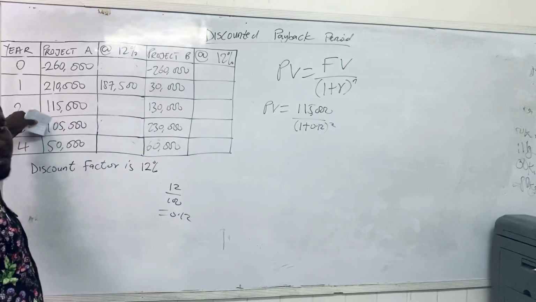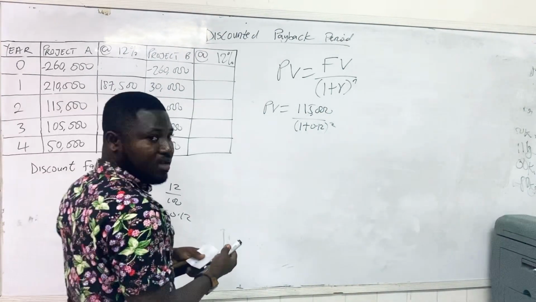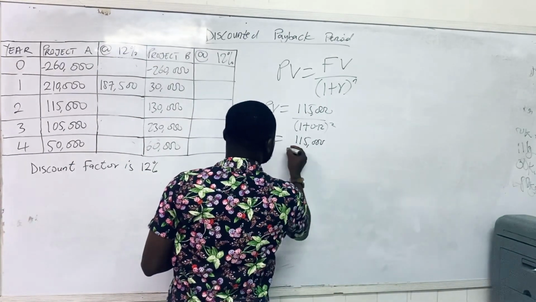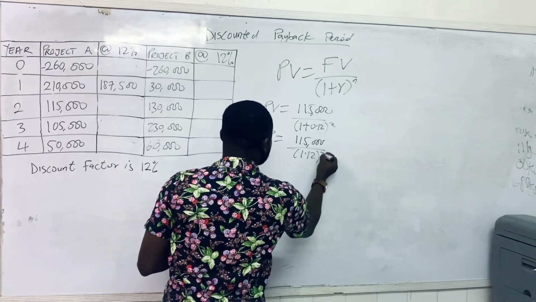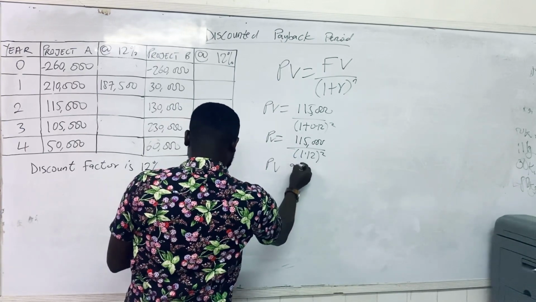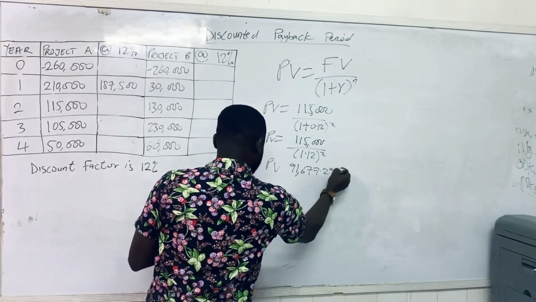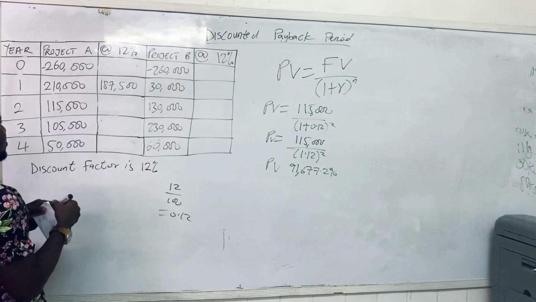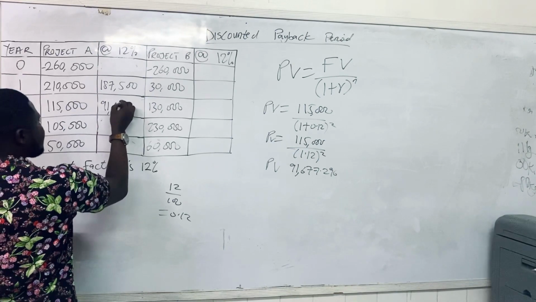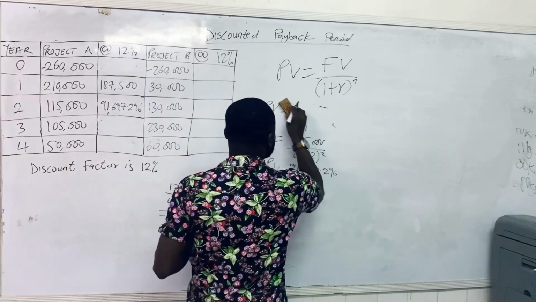It is exponent 2 because this future value is the second year's cash flow of project A. So PV equals 115,000 on 1.12 exponent 2, and we are going to have 91,677.296. So when you come to the table, we have 91,677.296.